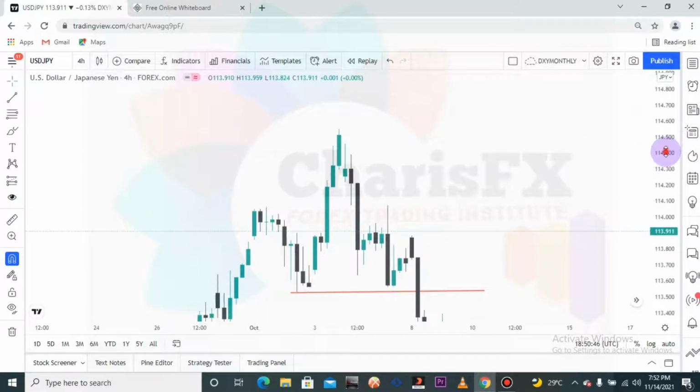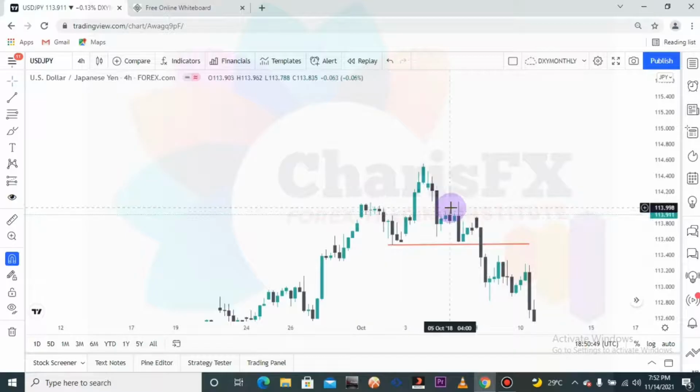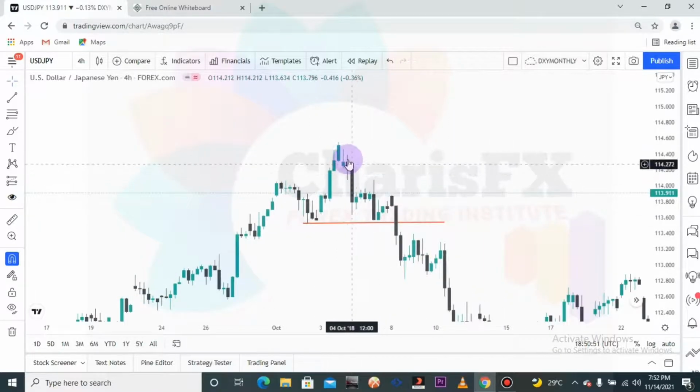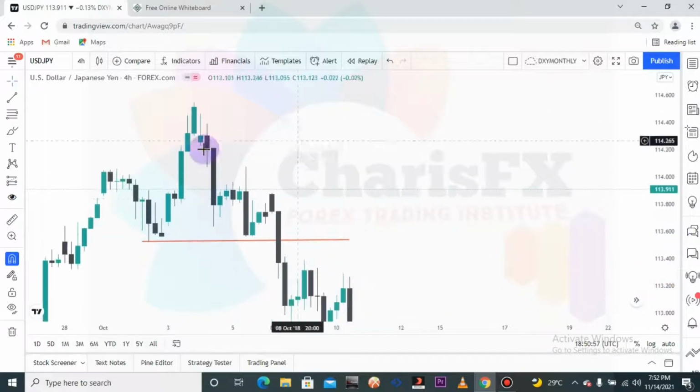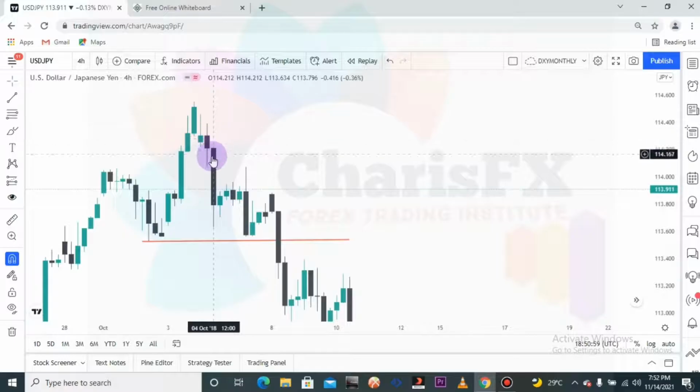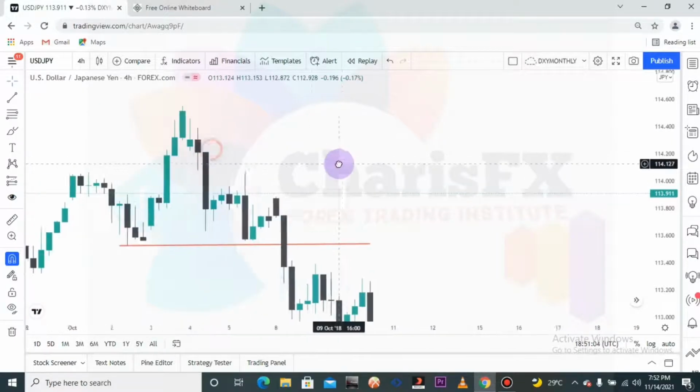Okay, so when you trace back, where is the other block that sponsored price to come and break this structure? We look at the extreme order block, that was the extreme buy candle that was traded through in the opposite direction. That is a sell candle that engulfed that buy candle.